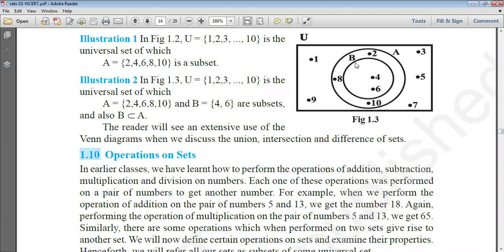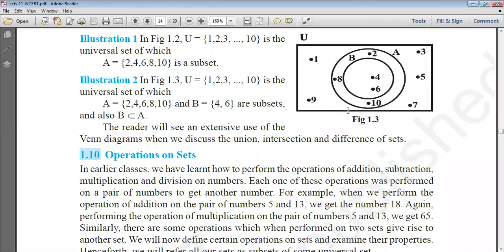The inner circle's name is B, and the outer circle's name is A. Here just the two sets are shown within the universal set, where A is the bigger circle, and A contains some elements here like 4, 6, 2, 8, 10. These five elements are there in set A, and inside the set B, two elements, 4 and 6. That means B is the set comprising two elements, 4 and 6.